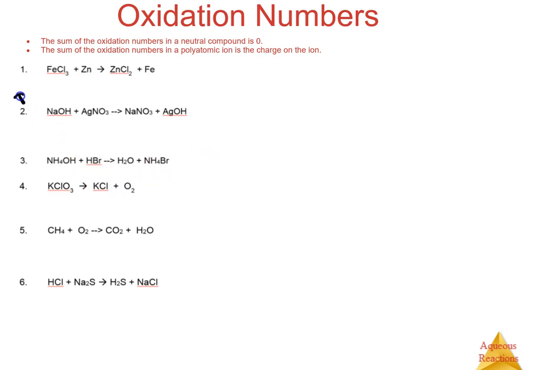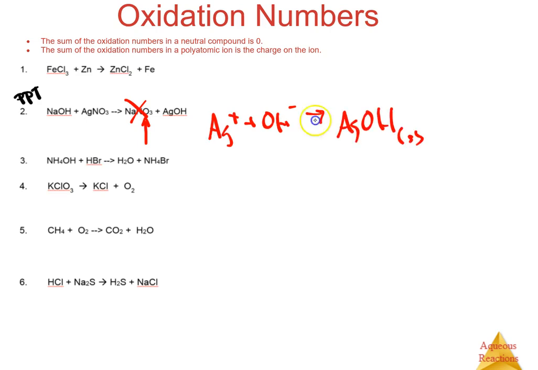A precipitate. So I would look at this problem. I would hopefully know by now NO3 is always soluble. So it won't be this. What's my precipitate then? AgOH. So all you would have to do here is go Ag plus OH minus goes to AgOH solid. Then you would be done.